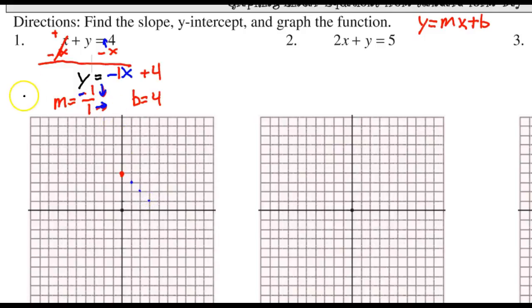And we could also switch it up and move the negative to the bottom, and it'd be up 1, left 1. Of course, as long as it's on the same line, it's okay. And then use a straight edge to draw your line. There we go.